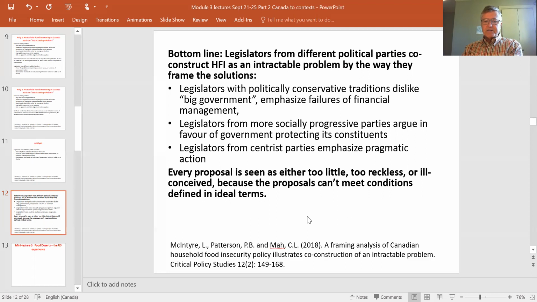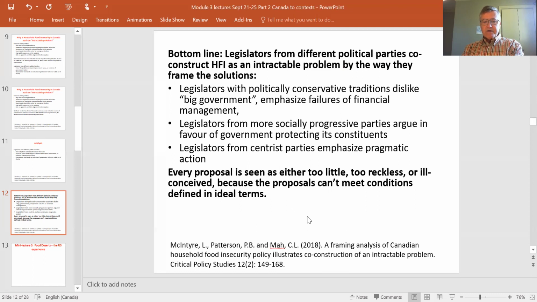The socially progressive parties argue that the government should protect its constituents and has that responsibility, and that failure to protect constituents is a failure of government. And the centrist parties would emphasize pragmatic action to be taken.